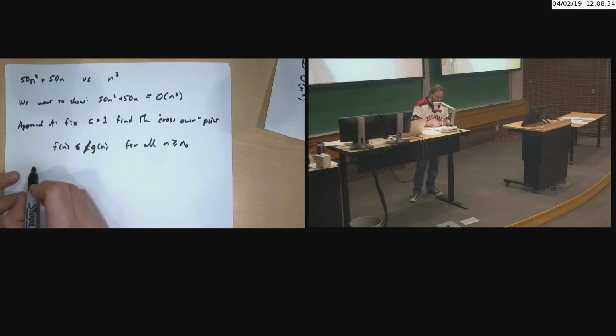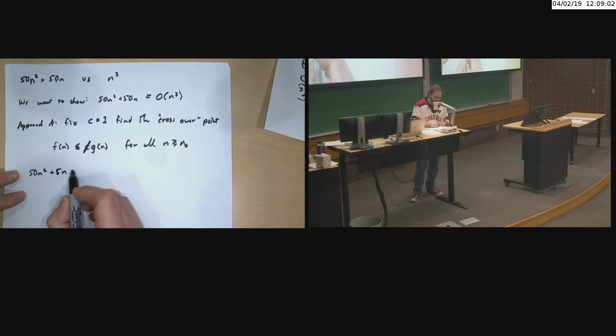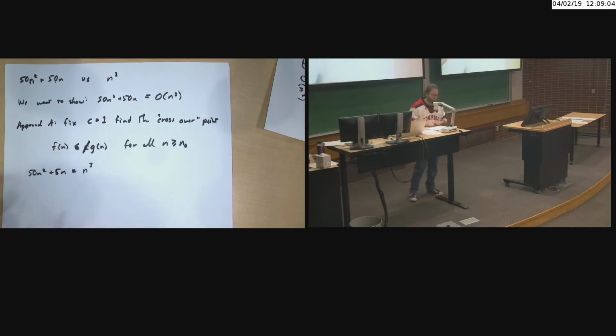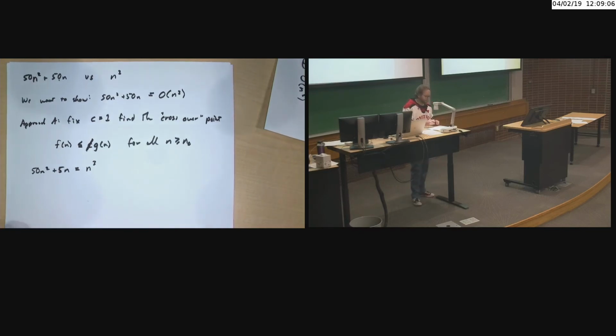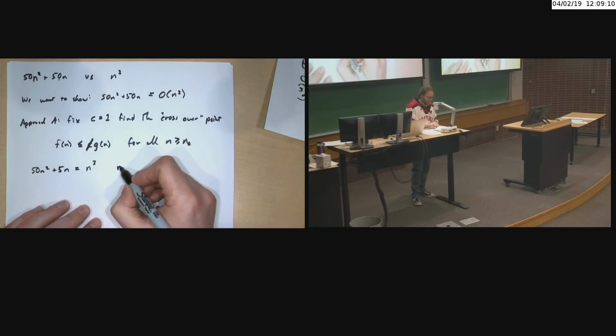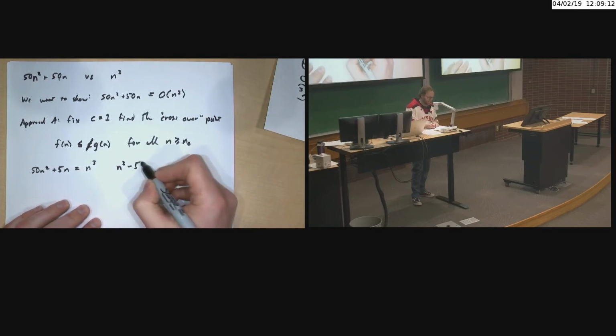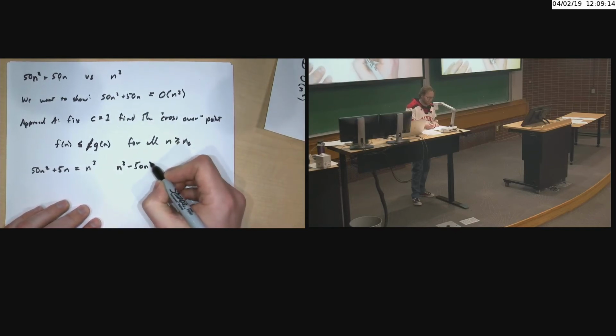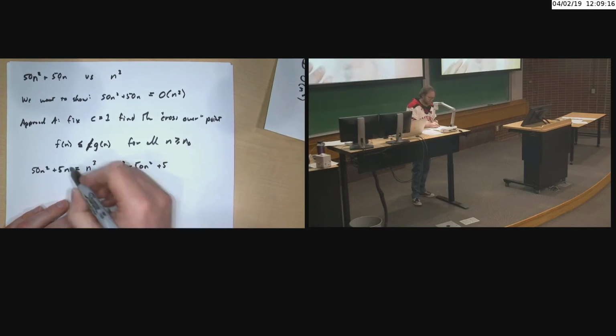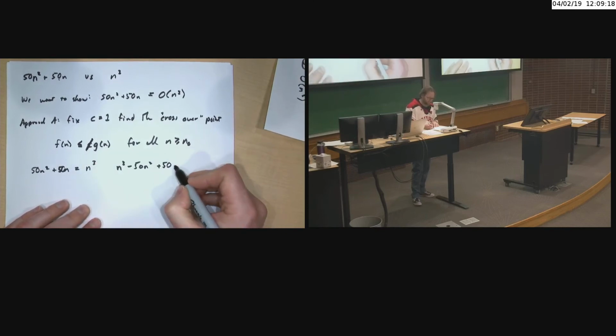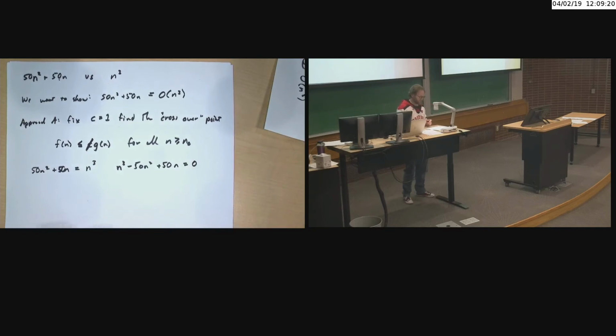Let me change the inequality to an equality: 50n squared plus 50n is equal to n cubed. Now I'm going to collect everything onto one side: n cubed minus 50n squared minus 50n is equal to 0.